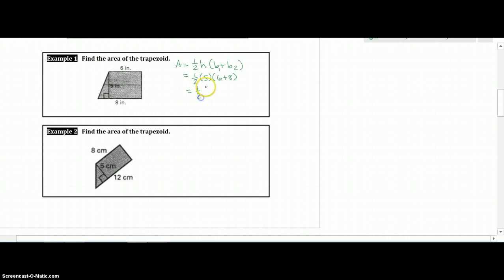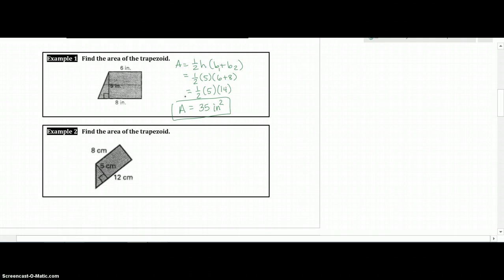So we have 1/2 times 5 times 14. And because we're doing some multiplication here, I'm just going to say, well, half of 14 is 7, times 5 is 35. Again, we are finding area, so the units are squared. So 35 inches squared.